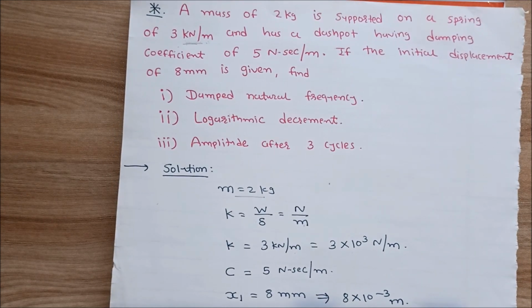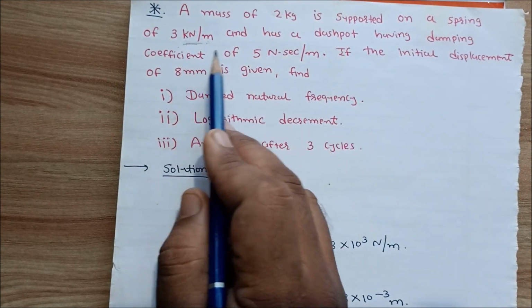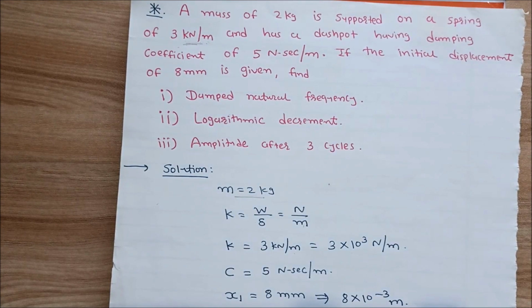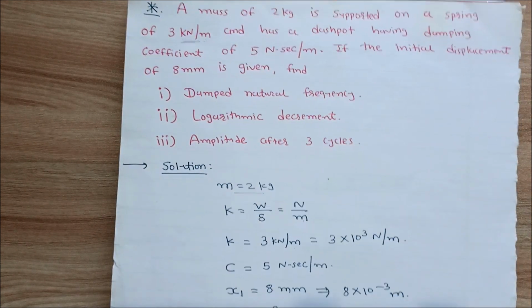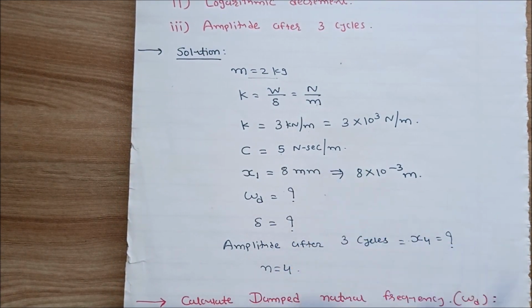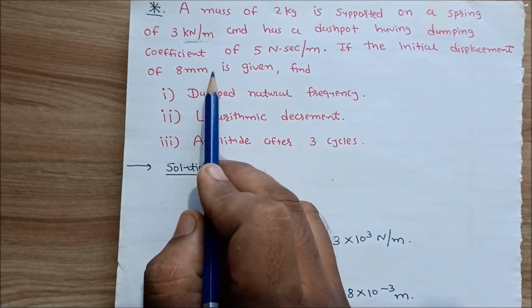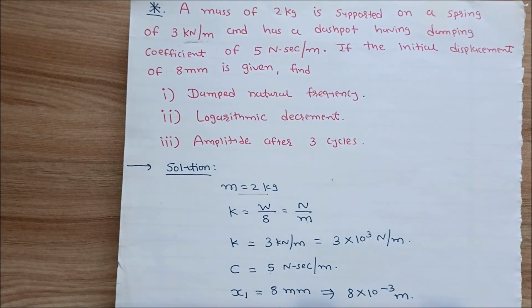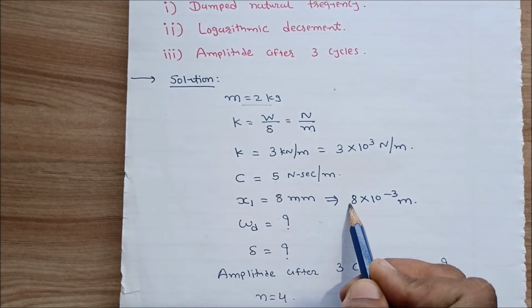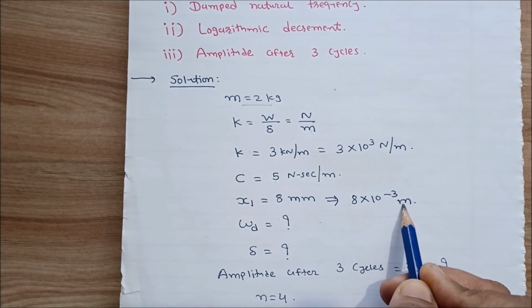Next, the data given has a dashpot having damping coefficient of 5 newton into second per meter. So damping coefficient C is 5 newton into second per meter. The initial displacement x1 is given as 8 mm, so 8 into 10 raised to minus 3 meter.